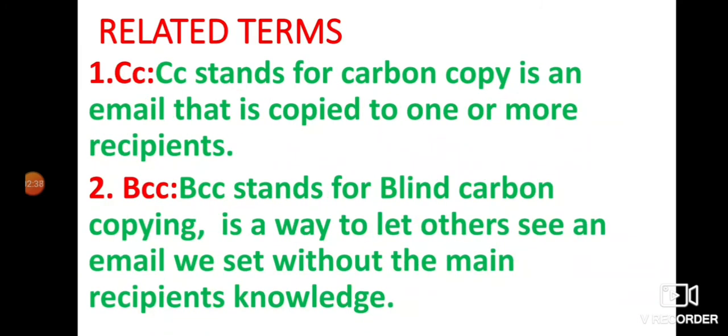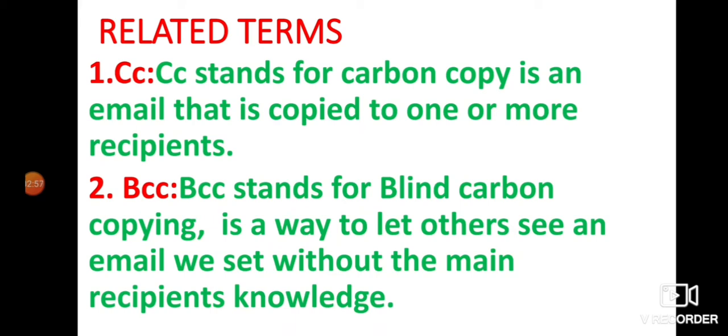Now we will understand what are the related terms of email. First is CC. CC stands for carbon copy, an email that is copied to one or more recipients. When we have to copy a single email to many recipients, we use CC. And next is BCC.